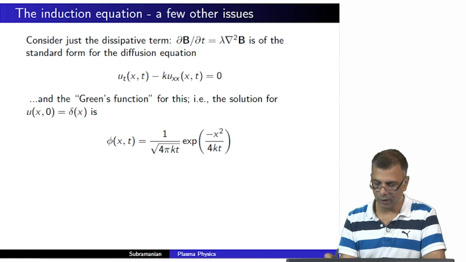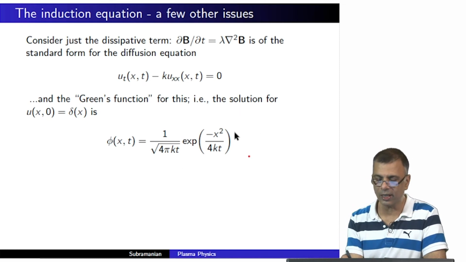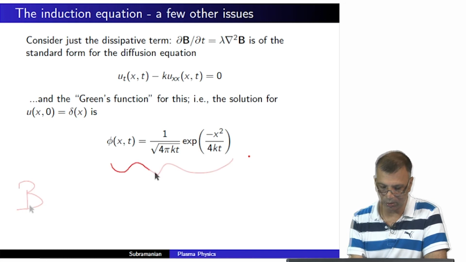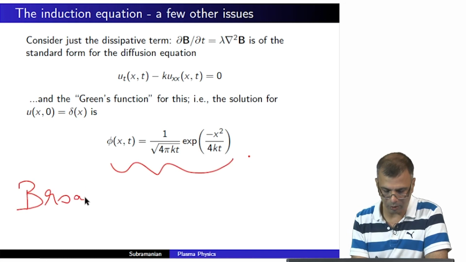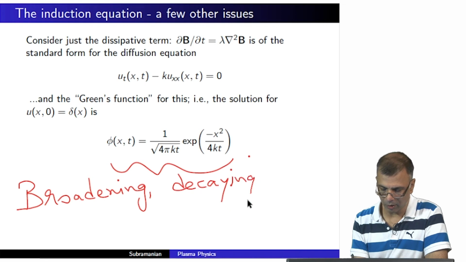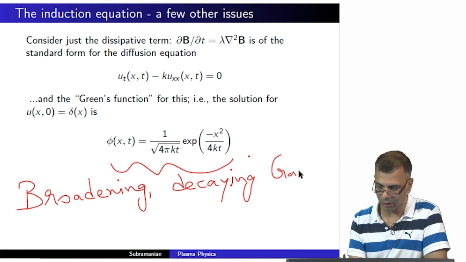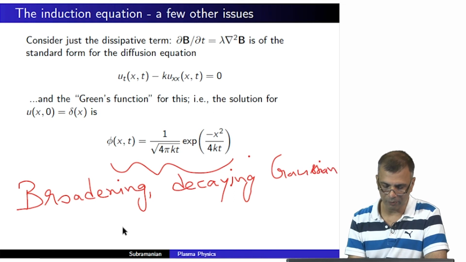The solution is a broadening, decaying Gaussian. It is something like this, with time on the x axis.